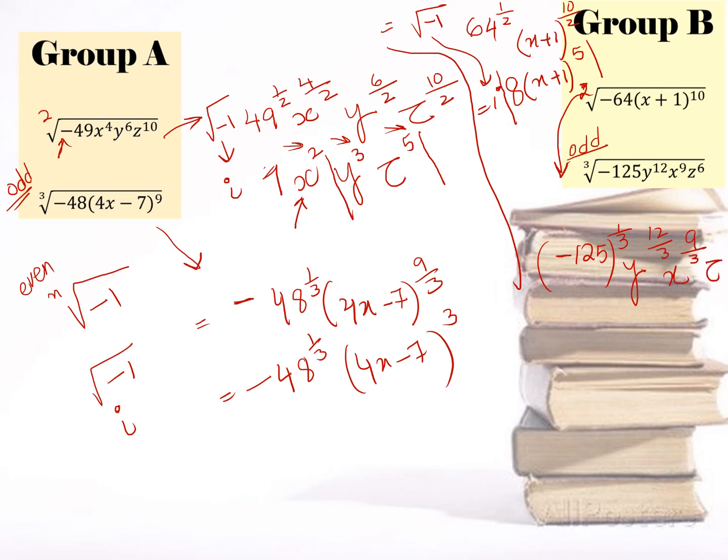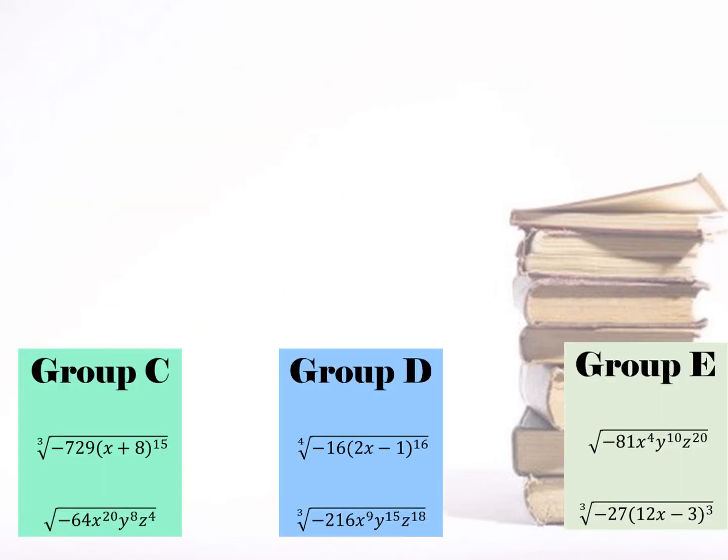And z to the power 6 over 3. Now negative 125 to the power 1 over 3, you will get negative 5. y to the power 12 by 3 gives you 4. x to the power 9 by 3 gives you 3 and z to the power 6 by 3 gives you z squared.